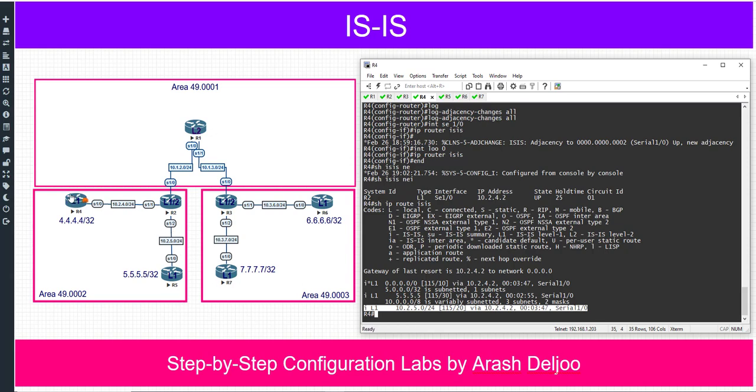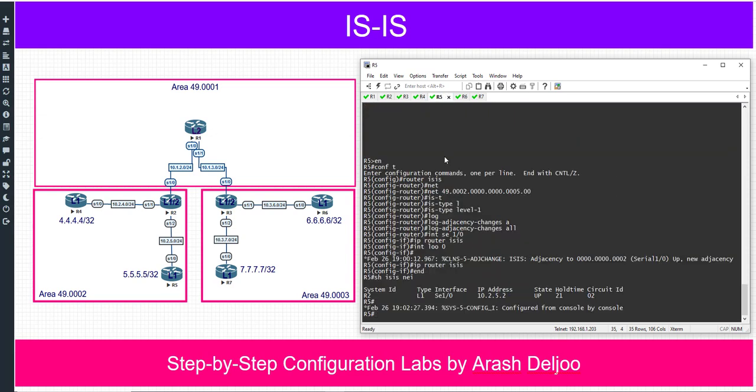We also expect to see one default route learned from ISIS. You know that we learn this from the ATT bit, as I explained in the complete course. Here you can see IL1 0.0.0.0/0. It means that everything is okay in router 4.